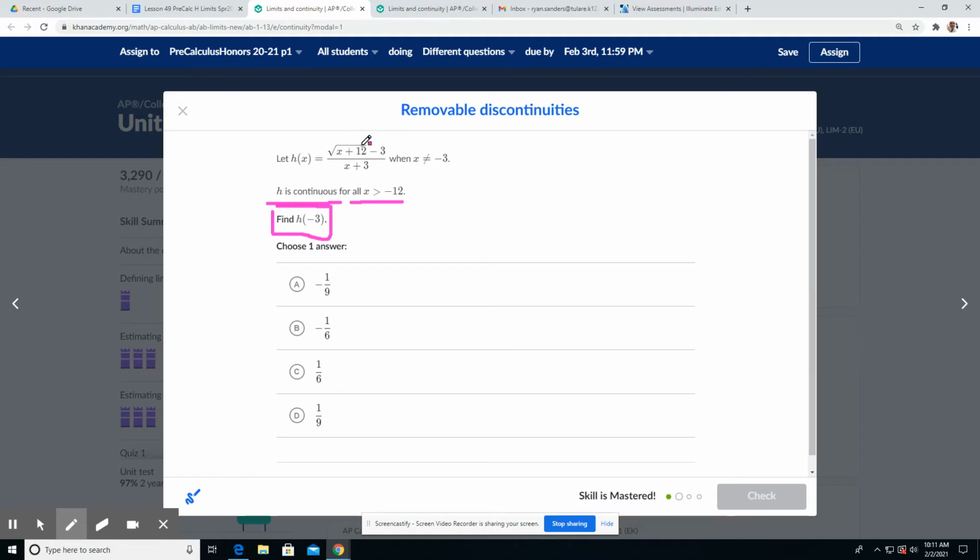Do you remember when we have a square root, and usually we will want to multiply by the conjugate to get rid of it? So this would be the square root of x plus 12, minus 3, over x plus 3. And we're multiplying by the conjugate of the square root.